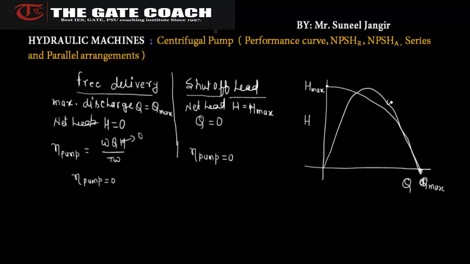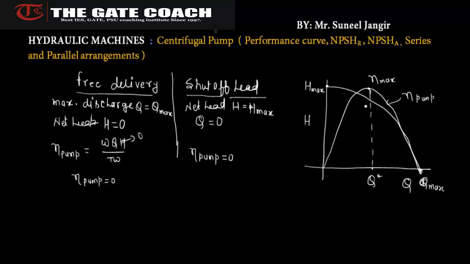This is the efficiency of pump. Let's say this is the maximum efficiency, the max efficiency. At this point the other parameters, first I'm defining this is Q star. Q star is the discharge available at the maximum efficiency, and the same line is cutting this curve.